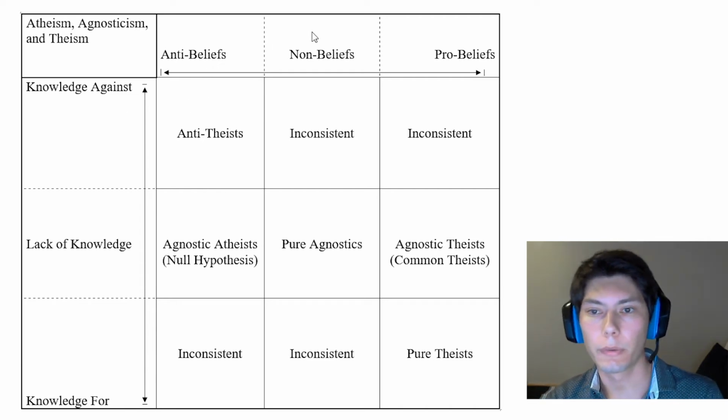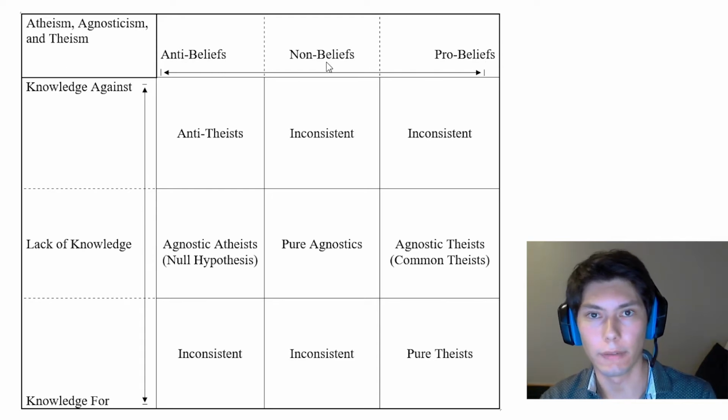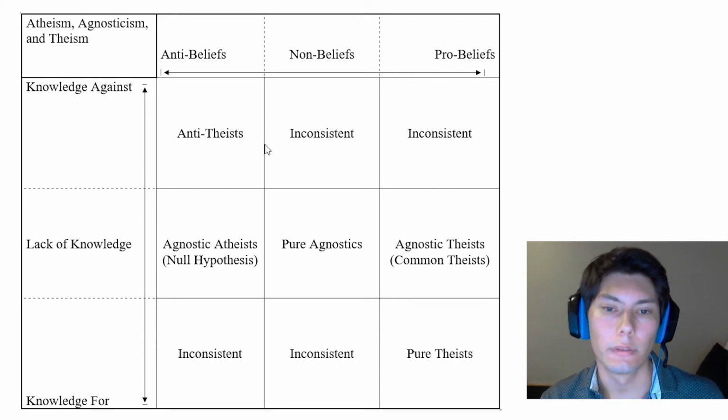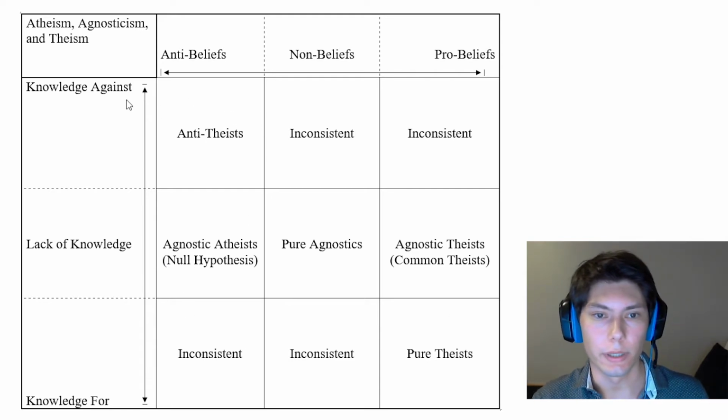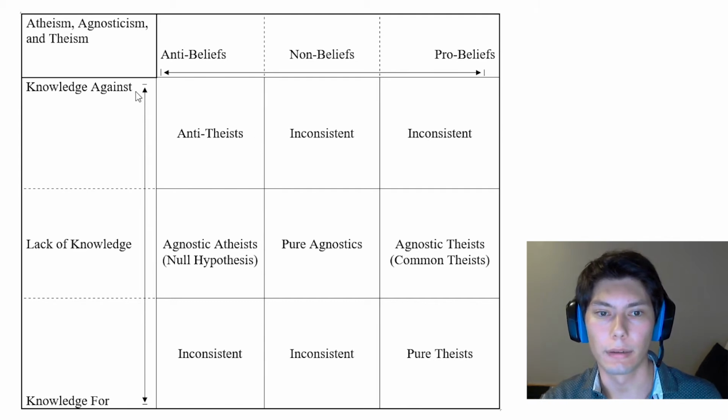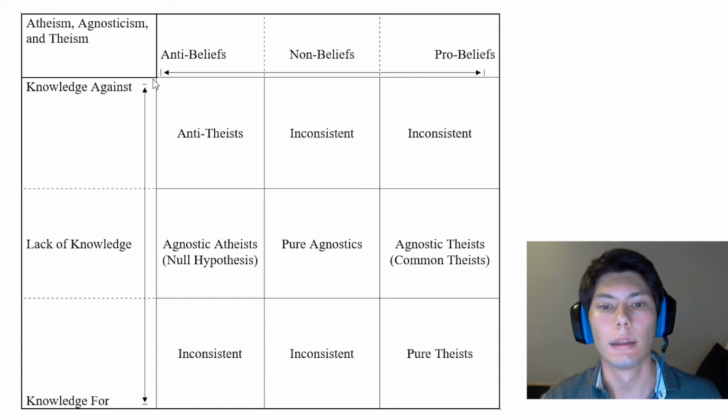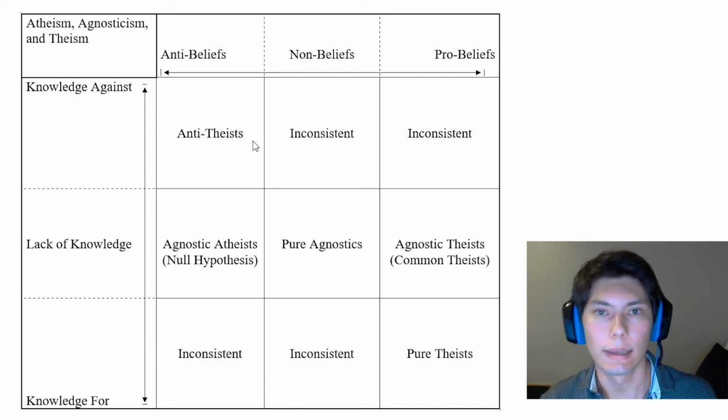So basically we have two axes. We have the horizontal axis, which is going to be our belief axis, and we have the vertical axis, which is our knowledge axis. And so basically we can lay out our positions. If you have knowledge against a proposition, so this would be omniscient knowledge up at the top here, and we have belief against the proposition, then this would put us in the anti-theist box.